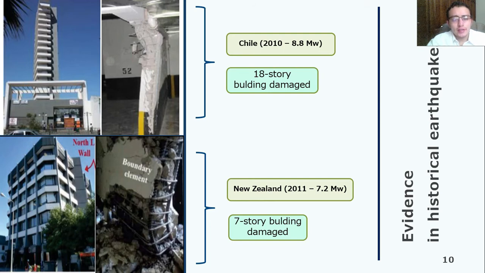Then in 2011, New Zealand was affected by a 7.2 magnitude earthquake where similar observations were made. The failure evidence was associated with an elastic lateral instability, which called the attention of investigators worldwide and motivated several experimental programs, as well as proposals of new prediction models.